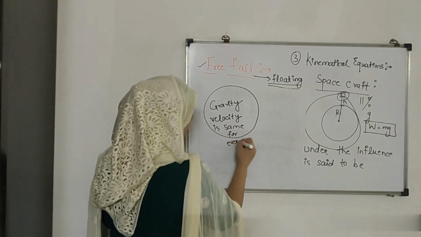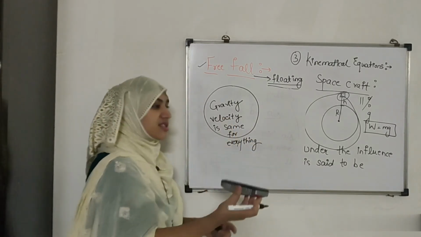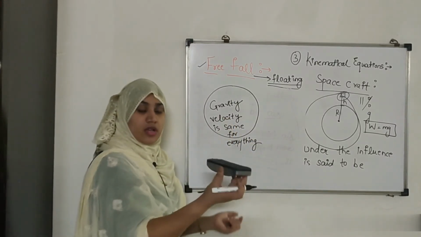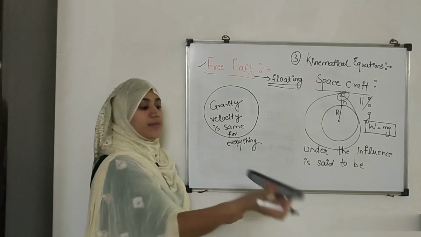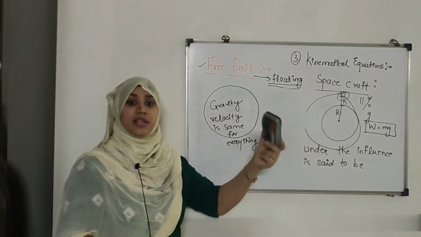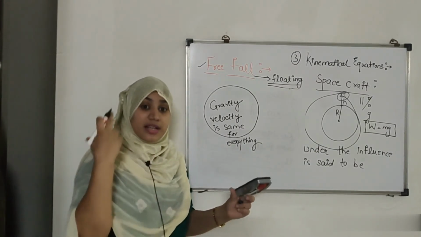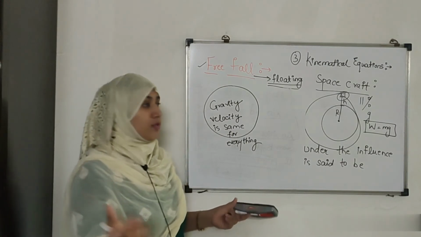So if I leave something down, okay, it is going to appear stationary to my eyes because it is also going to be at the same velocity. Suppose I am dropping this duster in the spacecraft, it is also going to have the same velocity which I am having. That's why it appears floating for me, okay?